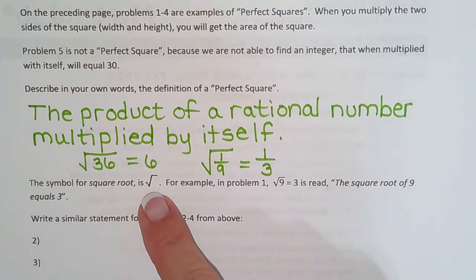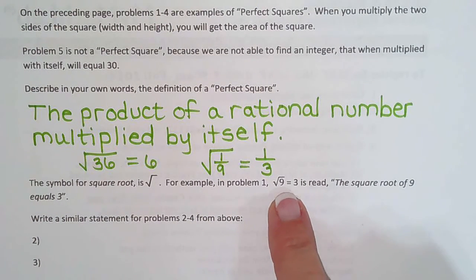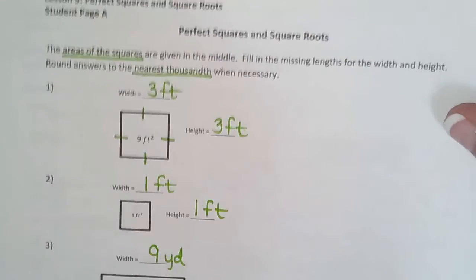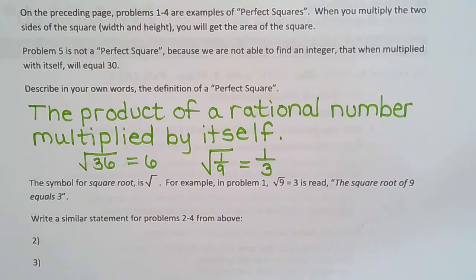The symbol for square root is this. For example, in problem 1, square root of 9 is 3. Write a similar statement for problems 2 through 4.